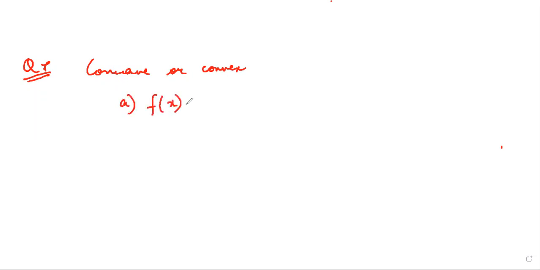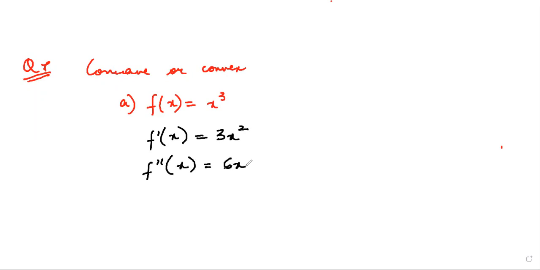f of x is given as x cube. Let's solve this out. If f of x is x cube, f dash x will be 3x square. f double dash x will be 6x. 6x would be greater than or equal to 0 if x is greater than or equal to 0. 6x would be less than or equal to 0 if x is less than or equal to 0.